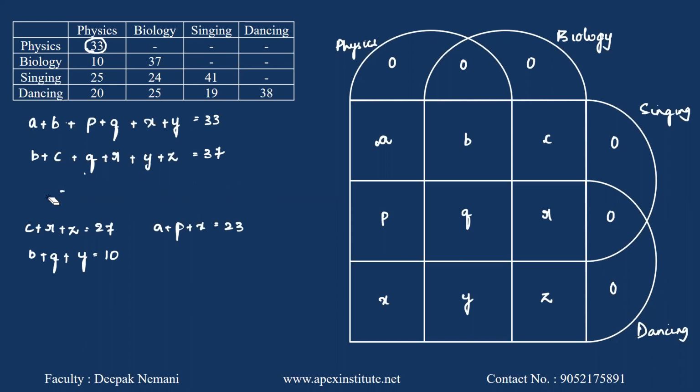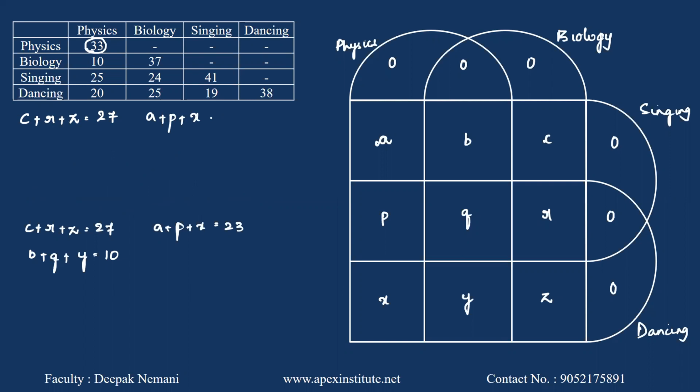Let me write these equations side by side so that it will be easy for us to solve. So you have C plus R plus Z is equal to 27, A plus P plus X is equal to 23, and B plus Q plus Y is equal to 10. Perfect.